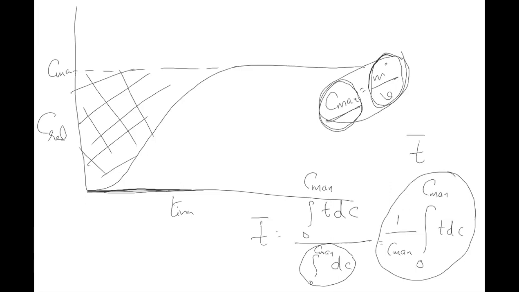Because your mass is located on the y side, no? That is why I'm writing it this way. How do you calculate the area on this axis? Integral from 0 to Cmax of T dC, divided by integral from 0 to Cmax of dC. The earlier case is simple.